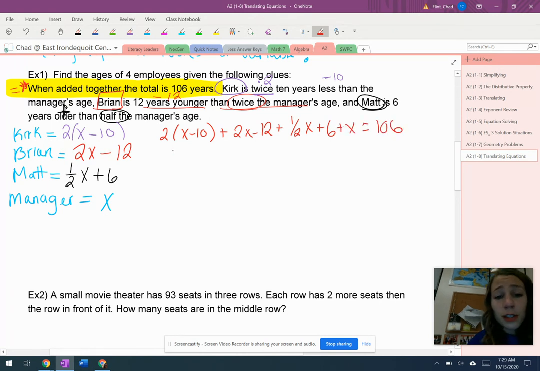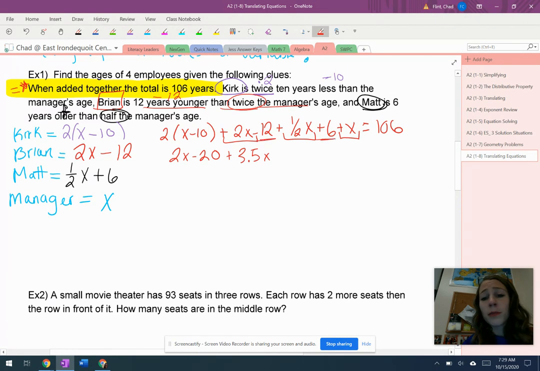So now you're just doing any simplifying, any distribution, any combining of like terms. 2X and 1/2 X and X would be 3.5X, which I'm going to change to 3.5 because that's a little bit easier for me. Minus 12 and plus 6 would be minus 6.